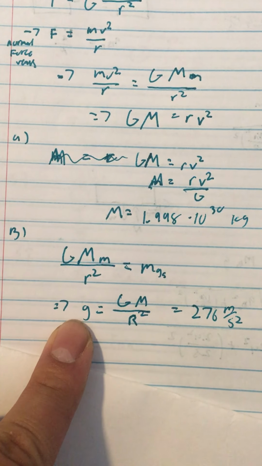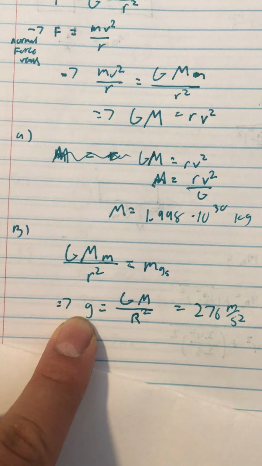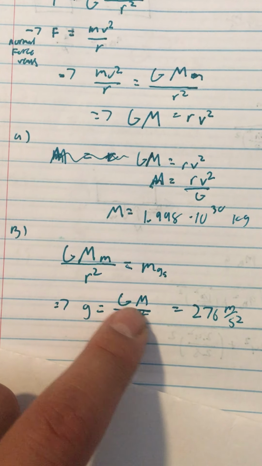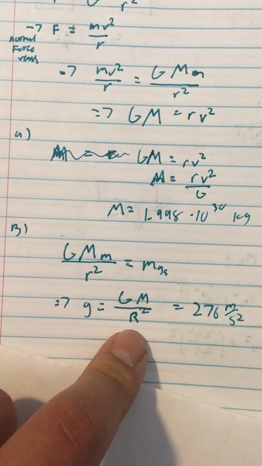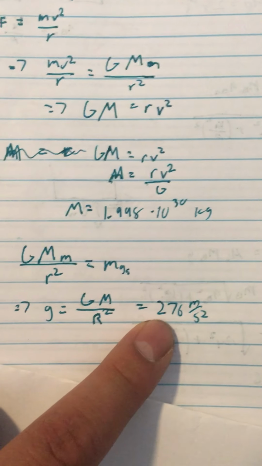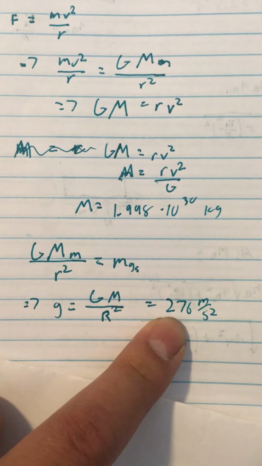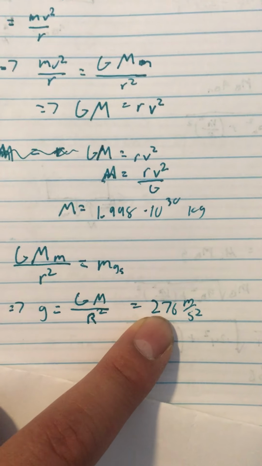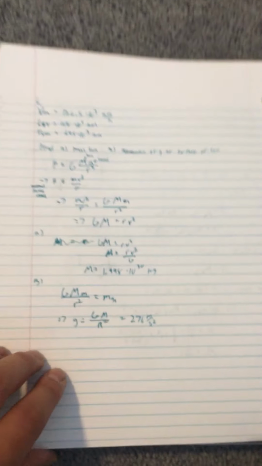We know the little m's cancel, and we just have g for gravity of the sun equals big G, mass of the sun, over radius squared. And we get 276 meters per second squared. Okay, and that is problem 6.